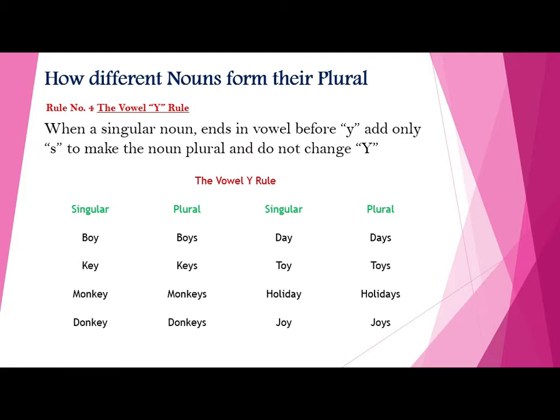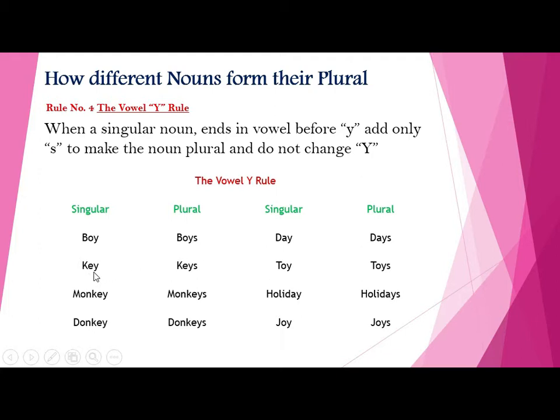When a noun ends with a vowel before Y, then we add only S to make the noun plural, and these are the examples we can see in this table.